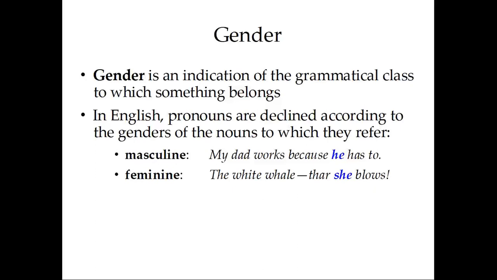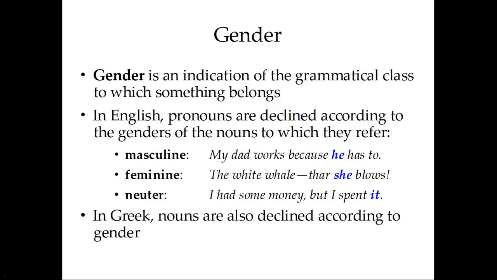This is sailor speak, but you get the idea. Neuter, I had some money, but I spent it. Here the pronoun it refers back to the money, and the money is neither masculine nor feminine. It is neuter, so we use the pronoun it. We have declined our pronoun according, among other things, to the gender of the noun that it refers to.